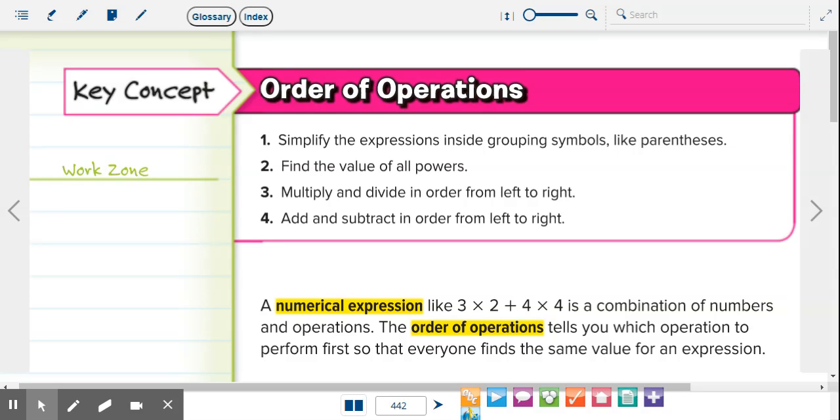All right, so we're going to start with order of operations. Now, order of operations you might have seen in the past, and they're back here on my wall, okay? Some teachers might have said in the past, PEMDAS.